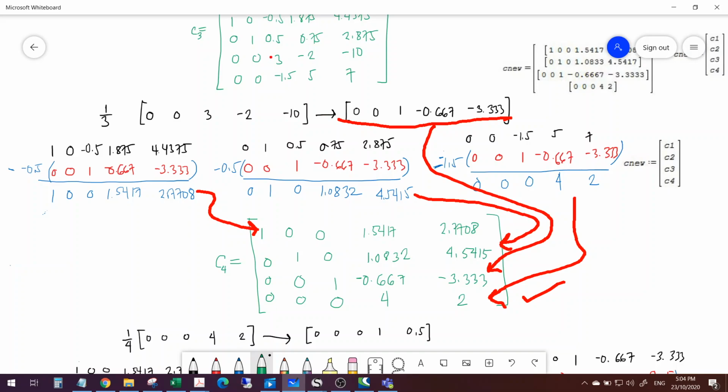And as you noticed earlier, our zeros were in the second column. Now, the zeros are in the third column. And then, by normalizing the fourth row, our 0 will now be in the fourth column. Okay.